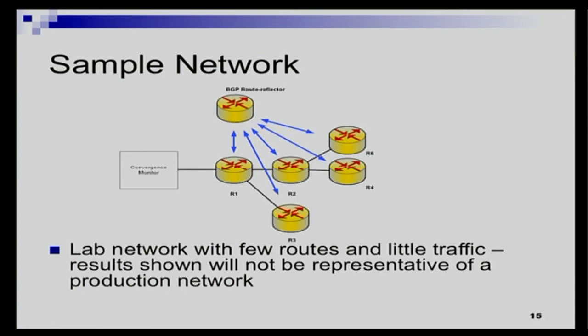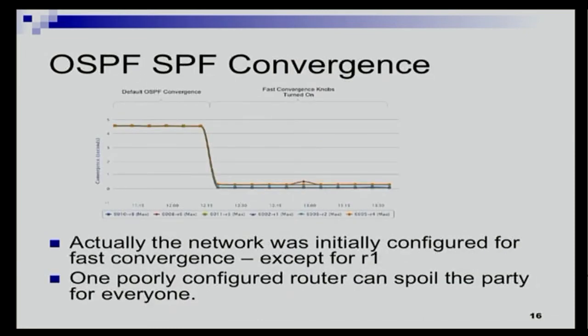So we have the convergence monitor, and directly connected is a router R1, and then R1 has R2 and R3, and then off of R2 we have R4 and R6. And so you'll see the impact of this topology in the graphs. So this is, call it, the bread and butter slide. You can measure all kinds of interesting things, but the first question anybody's going to want to know is, how fast does my IGP converge?